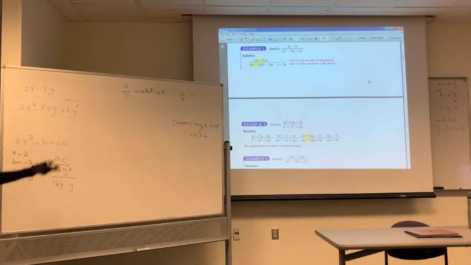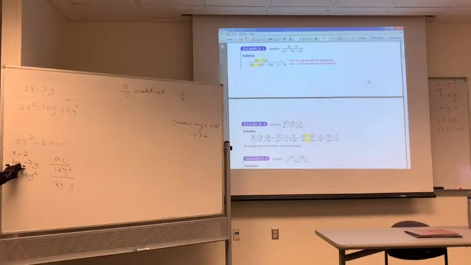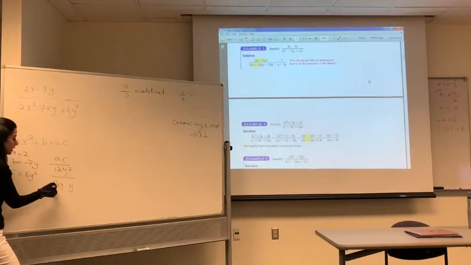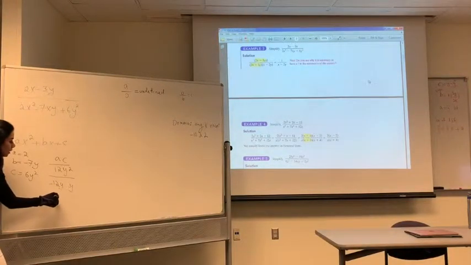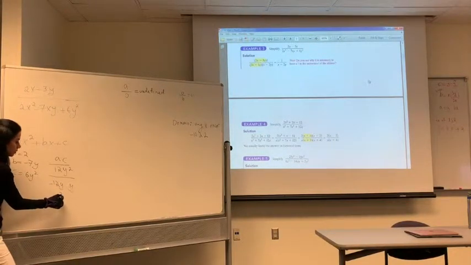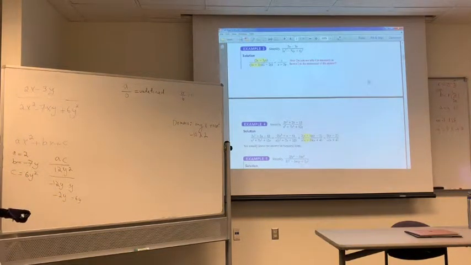Then I look at the sign of b, and I see the sign of b is negative. What does that mean? Both of these numbers should be negative, because when you add them, you should have negative 7y. So either negative 12y, negative y, negative 2y, negative 6y, right? What else?